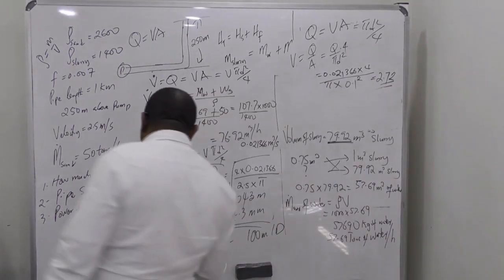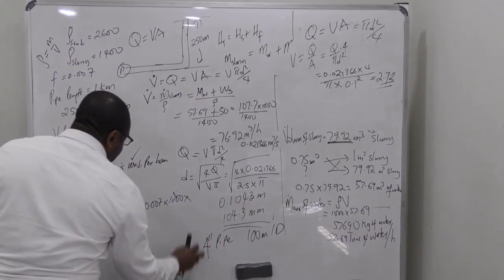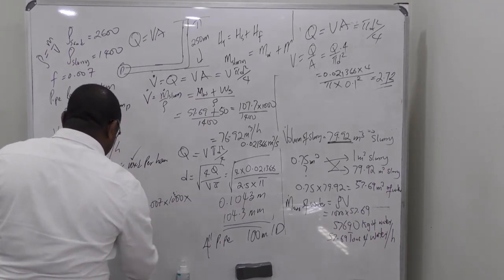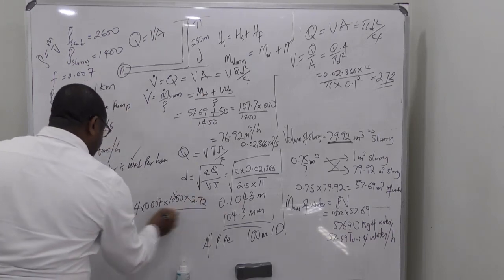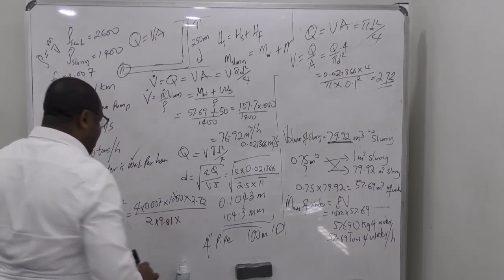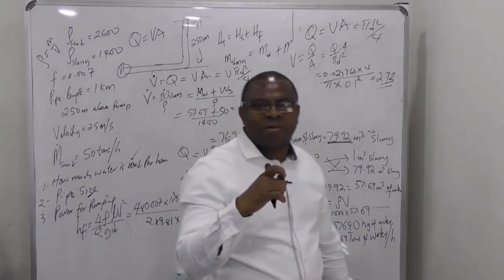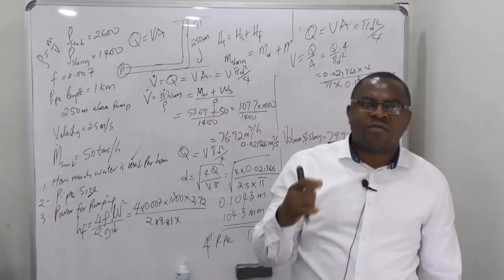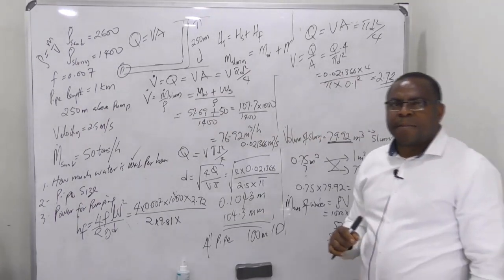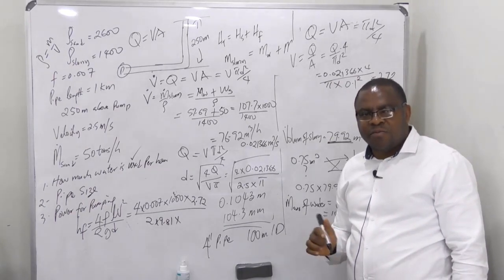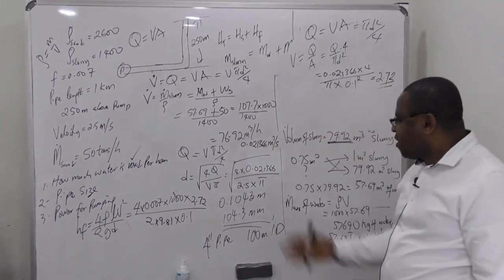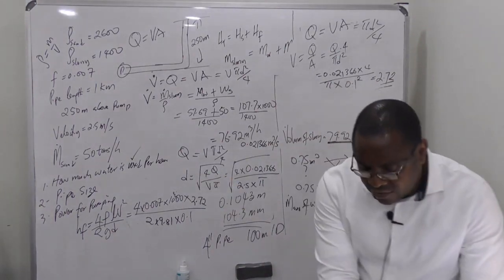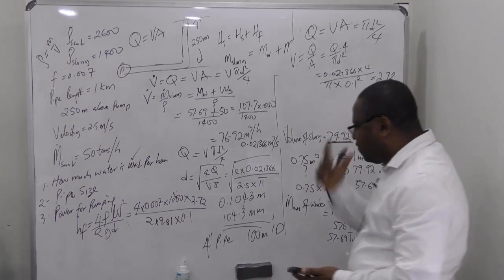For HF, I'm just going to use 1,000 times 2.72 squared divided by 2 times 9.81 times the pipe diameter that we have chosen, that's our 0.1, so that's 100 millimeter diameter. So we use this now to calculate the friction head.